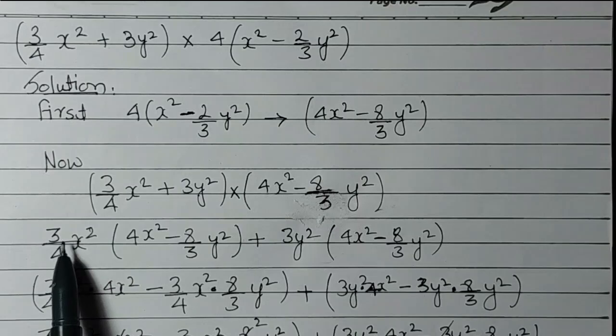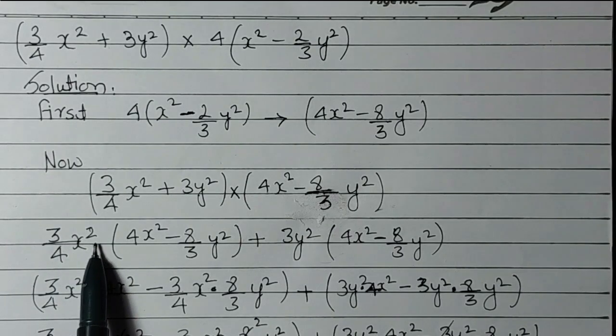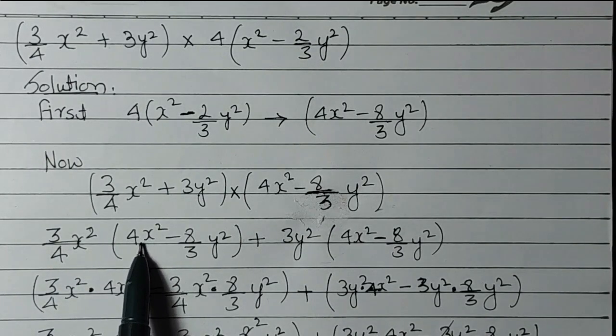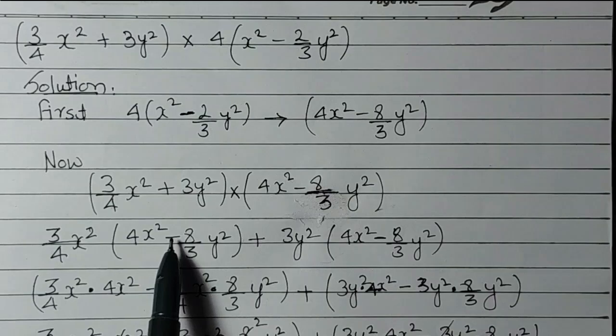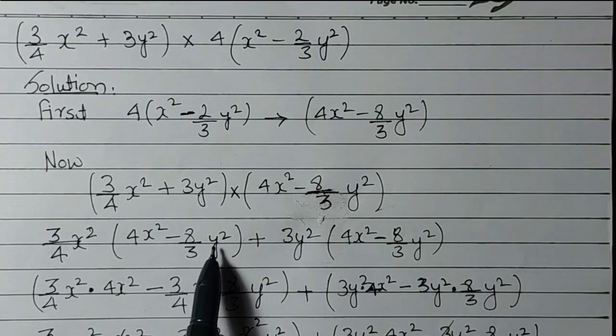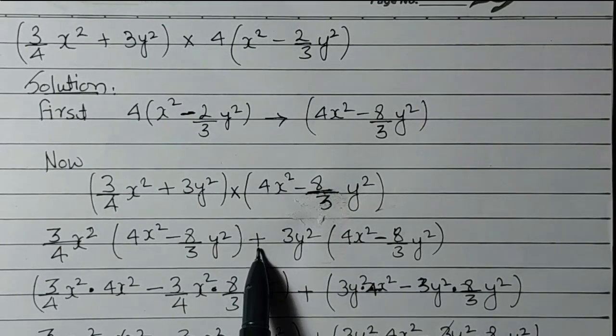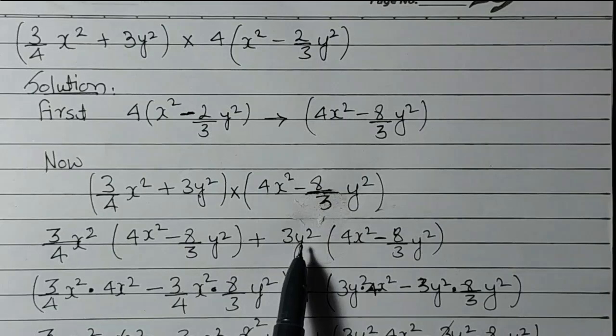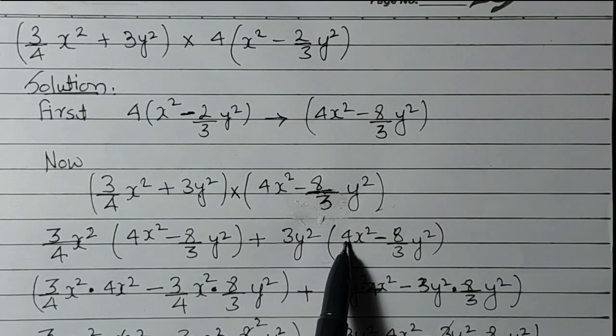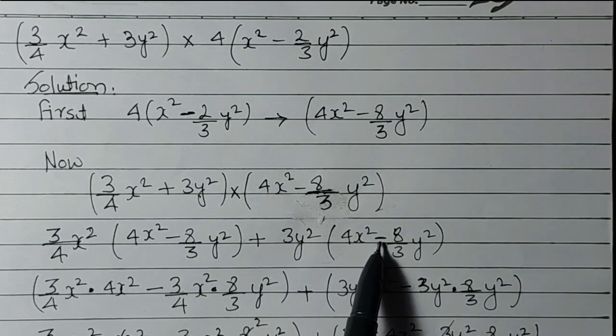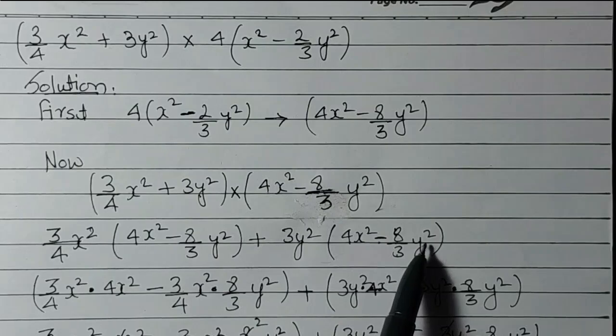Now this term is 3/4 x² into (4x² − 8/3 y²) plus, this is the second term, 3y² into (4x² − 8/3 y²).